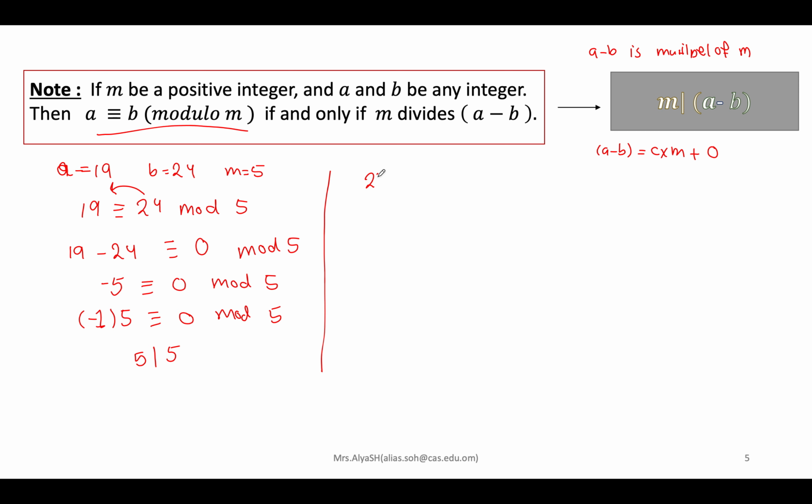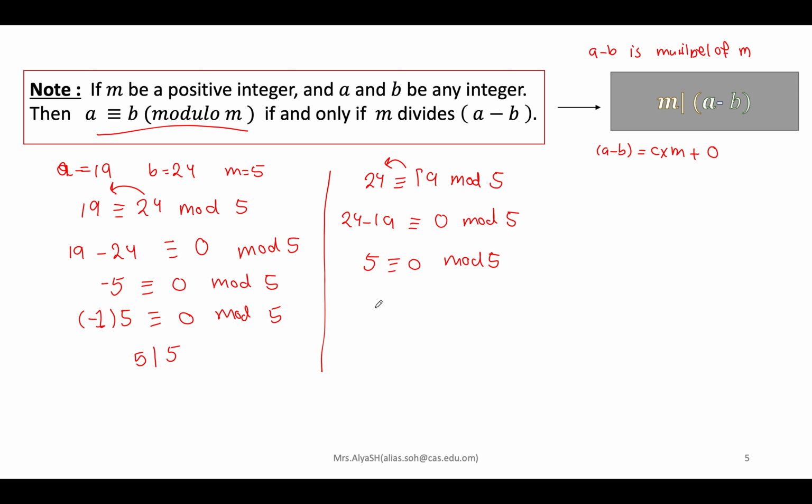Okay, what if we do it the opposite way? So 24 is congruent to 19 mod 5. Will we be getting the same results? Let's check. So in order to do A minus B, I need to take 19 there. So 24 minus 19 is congruent to 0 mod 5. So 24 minus 19 equals 5, congruent to 0 mod 5.